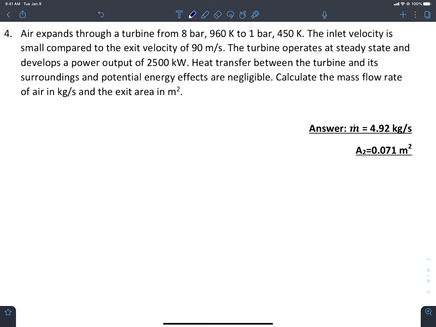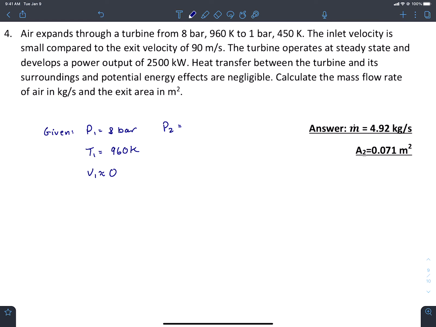Okay, let's just start. All right, so as always, I like to write the givens. Given P1 equals 8 bar, T1 is 960 Kelvin, and then V1, we're going to assume fairly close to 0, since it says negligible.